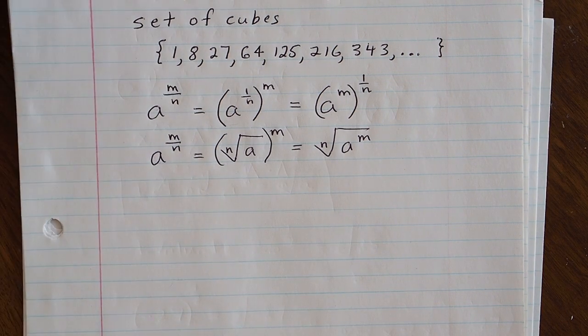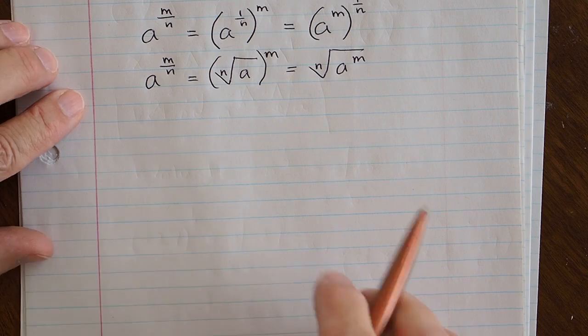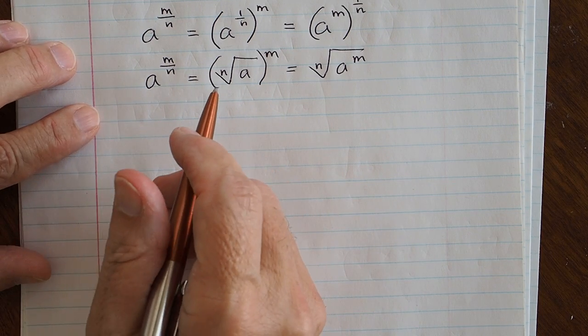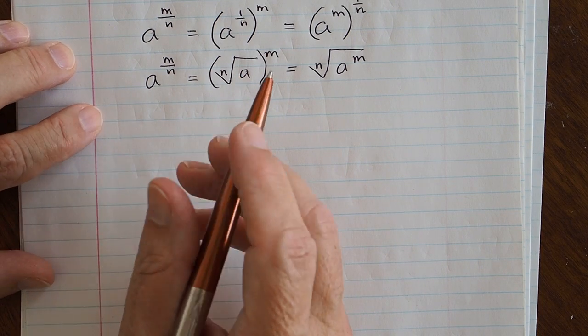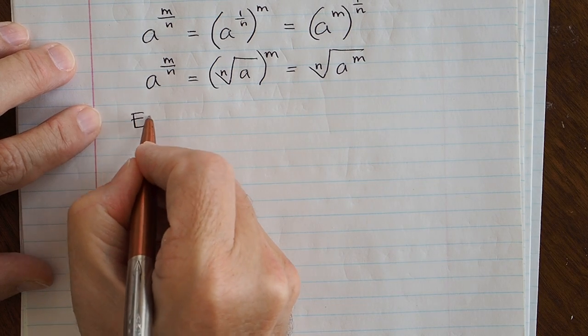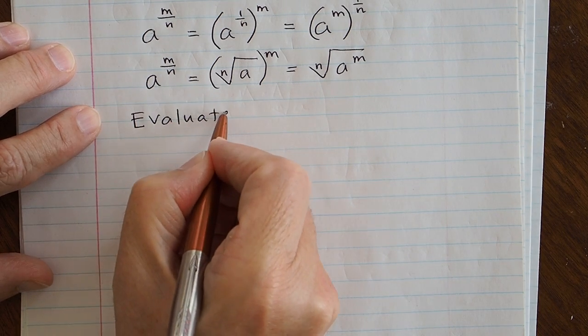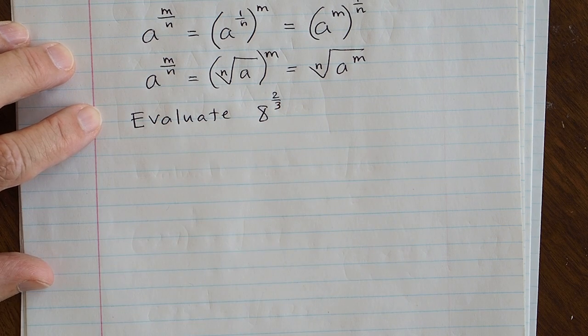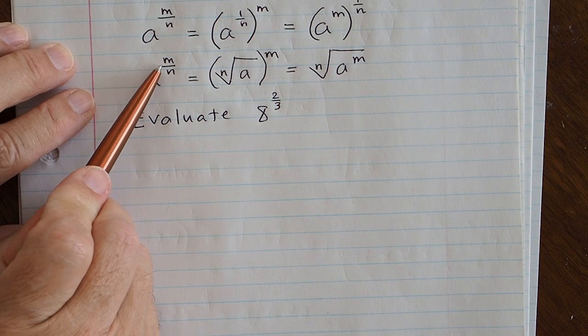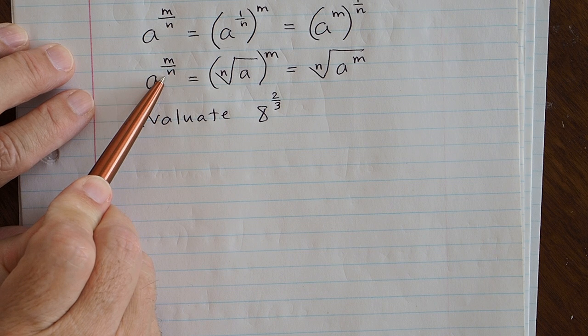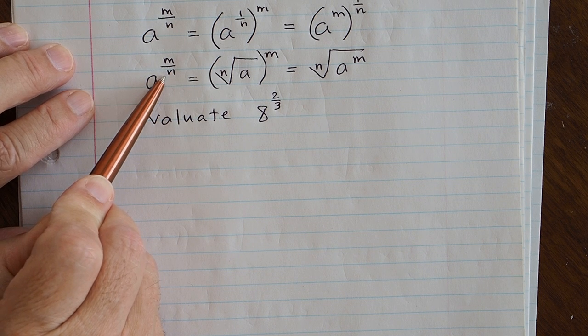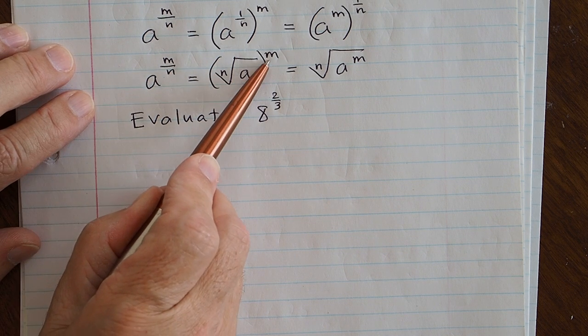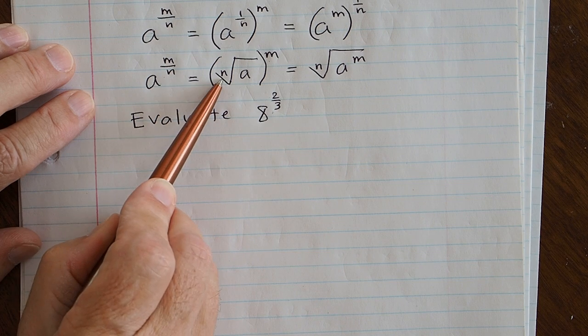Let's do some practice questions using this Power Rule number 7. So a good one to start with would be evaluate 8 to the 2/3. Well, remember how it goes, eh? That's the numerator, that's the denominator. So the 2 goes where the m was, and the 3 goes where the n was.